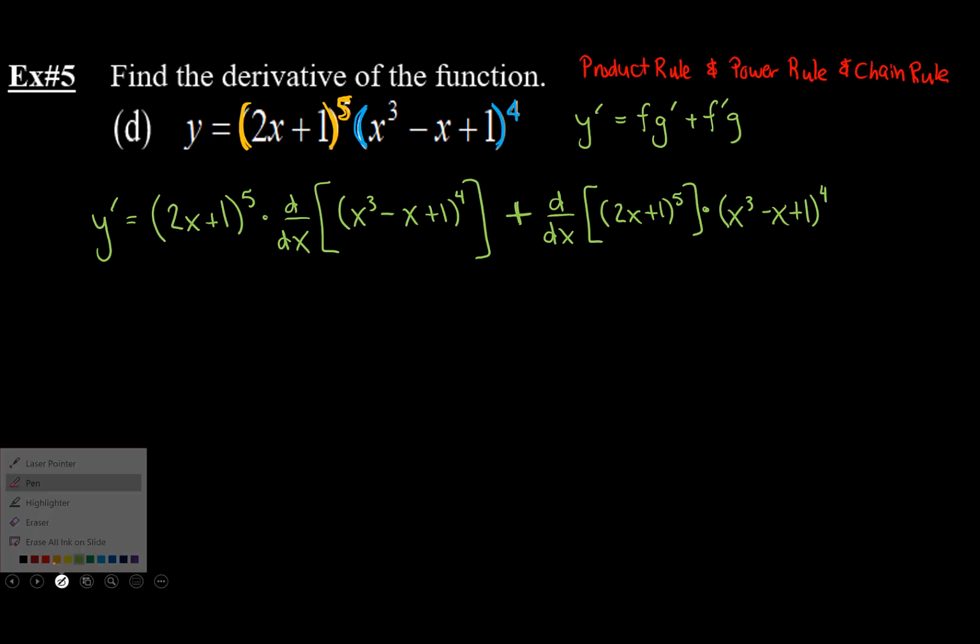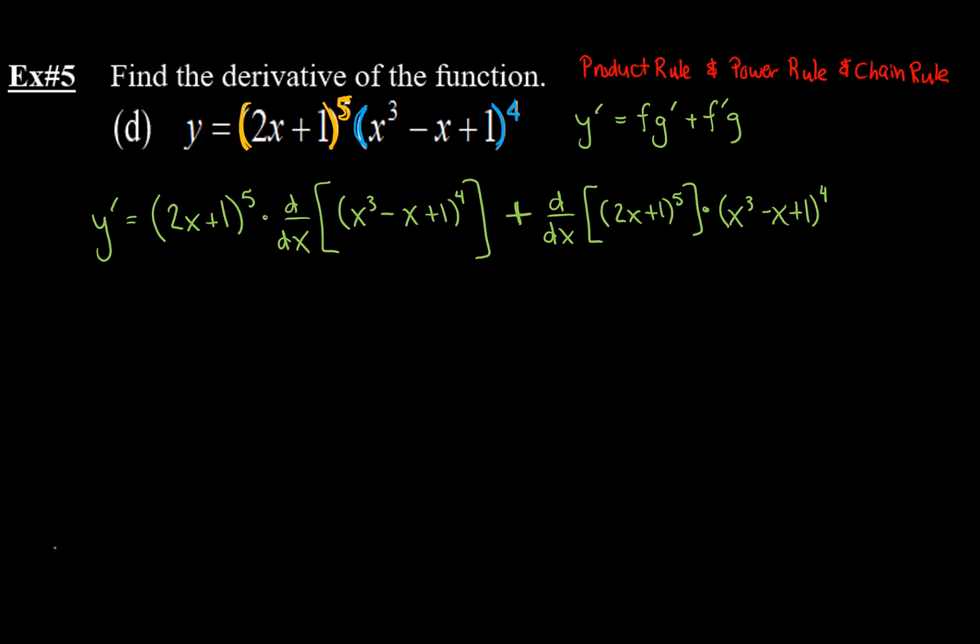Let me take a moment to color code it so you can see what happens. Here's my first function, f. Here's the derivative of the first function, f prime. And then here's the derivative of my second function and then my second function. So here's g prime and g.